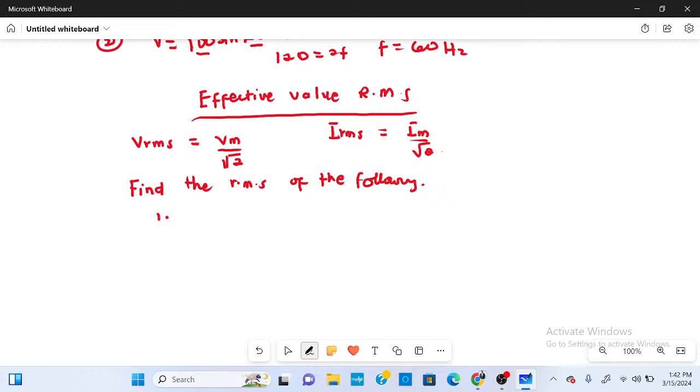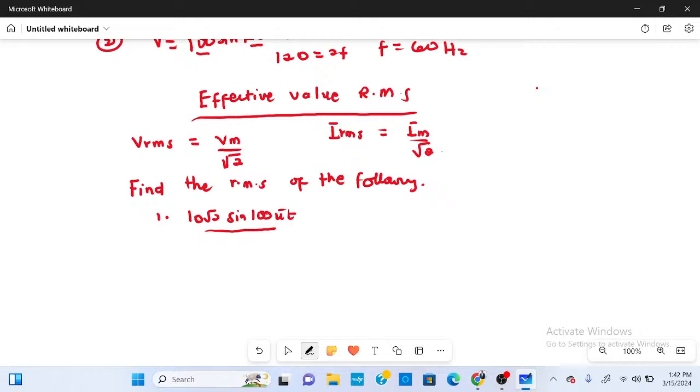It was 10 root 2 sine 100 pi t. So we've been asked to find the RMS of this waveform.